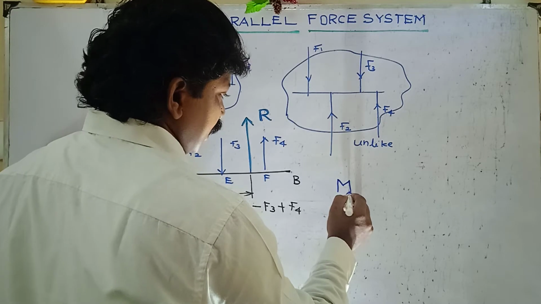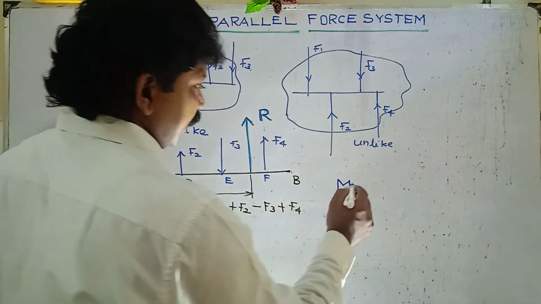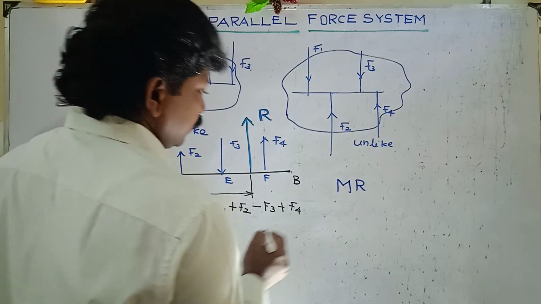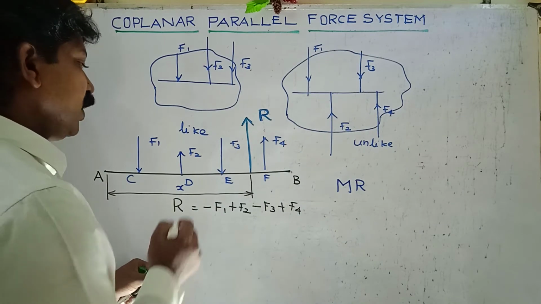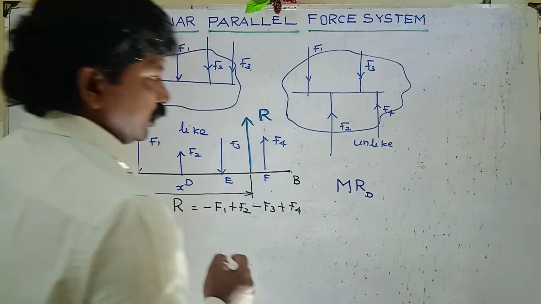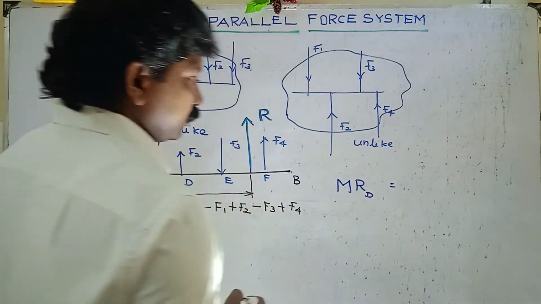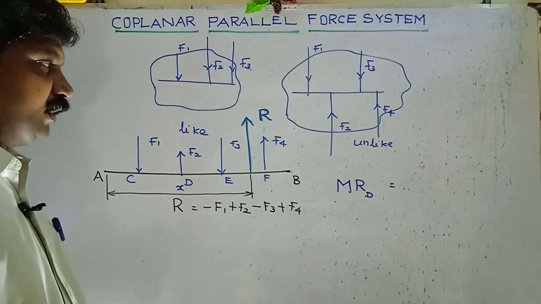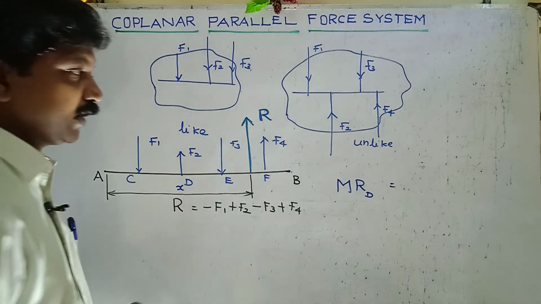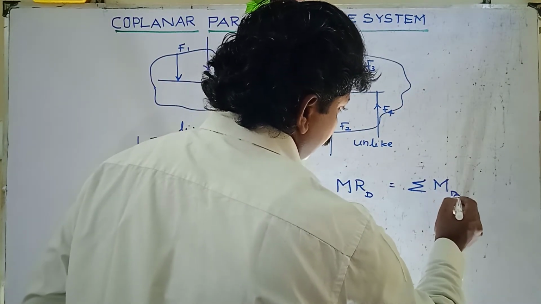Moment of the resultant about point D equals the algebraic sum of the moments of all the forces about that point.